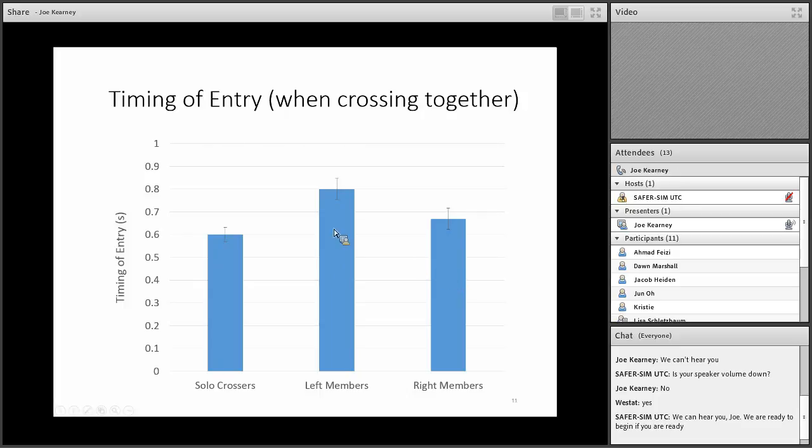We believe this is because they were crossing together, and to stay in synchrony, the left crosser had to wait a short period of time until the lead vehicle passed the right crosser. So this is an indication that there's a joint coordinated action so that they would cross together and leave time for the pair to safely enter the road without running into the lead vehicle.